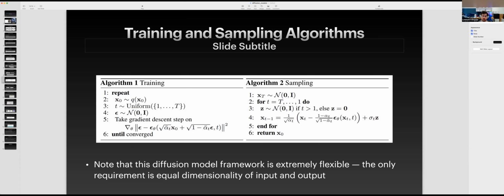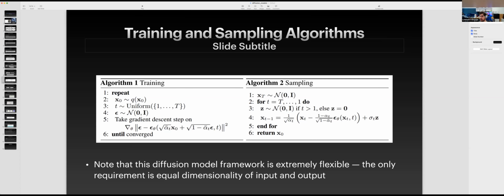So the equal dimension of the input and output is for the unconditioned diffusion component. If you're sampling from an image distribution and your images are 32 by 32 pixels, then your noise also has to be 32 by 32 pixels.